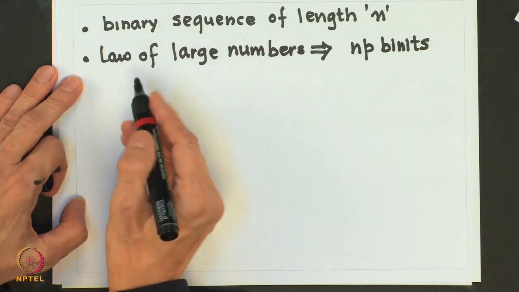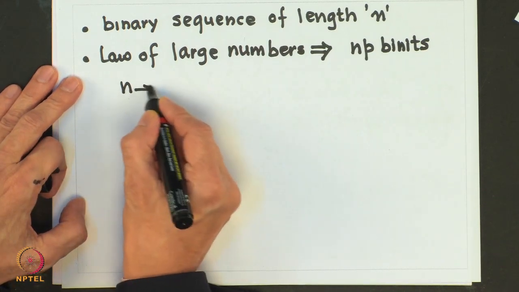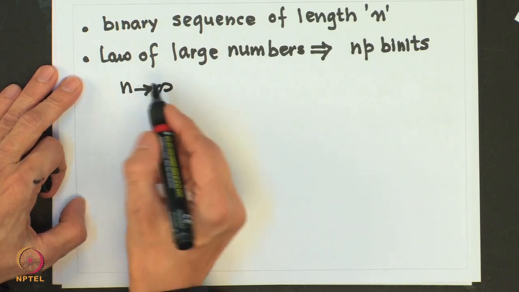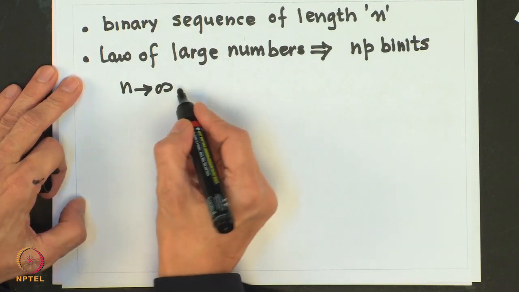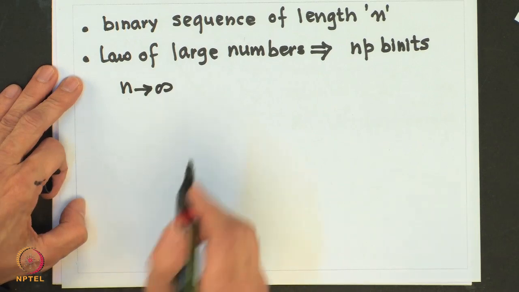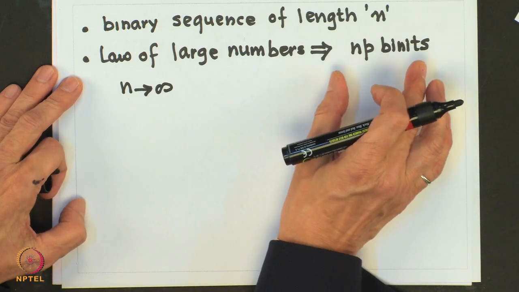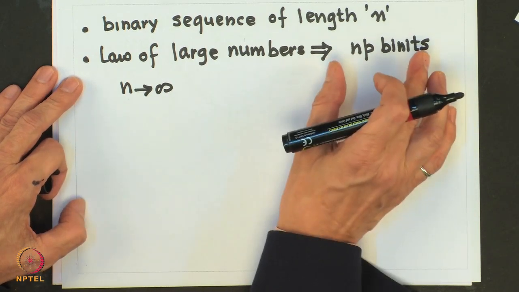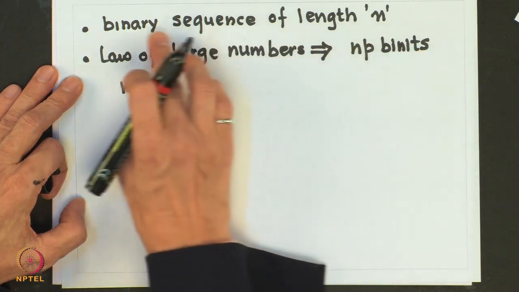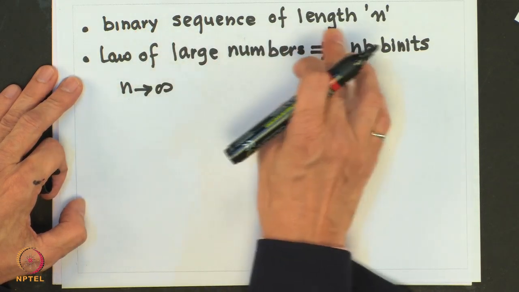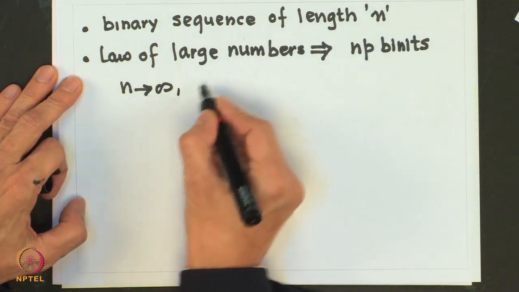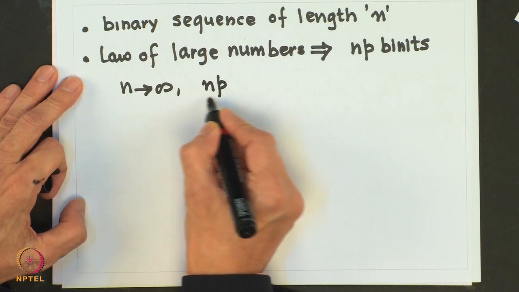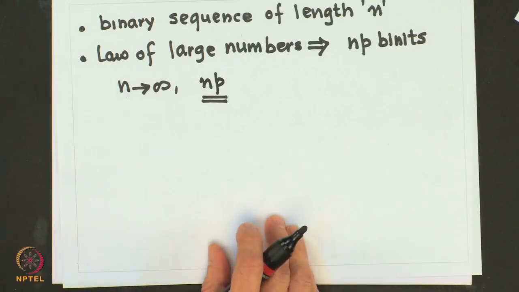So, it means that if n tends to infinity, with high probability approaching 1, the number of bits which differ from the transmitted binary sequence of length n will be equal to np. Okay.